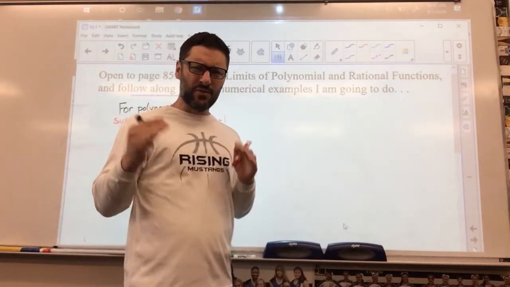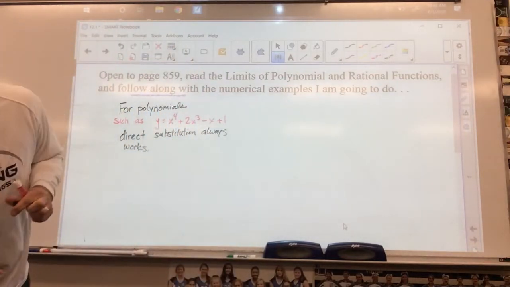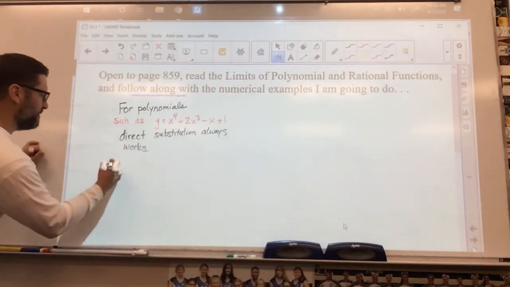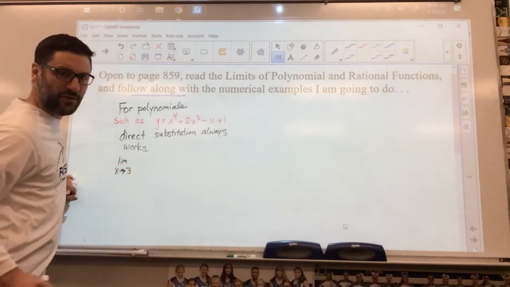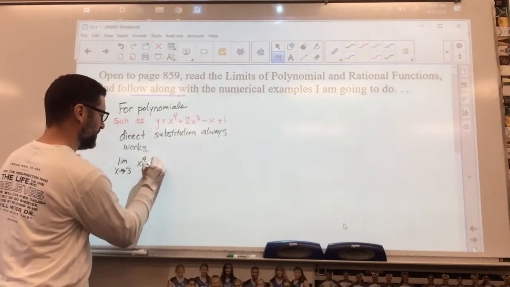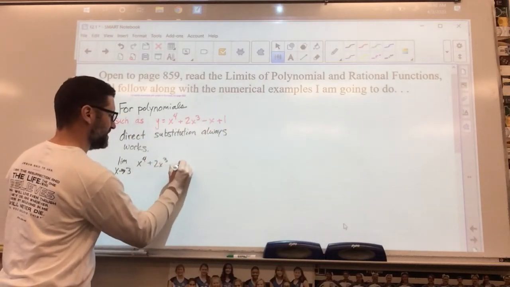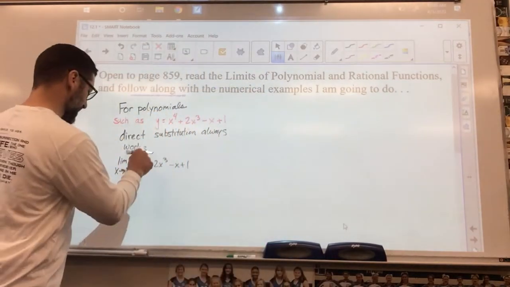But direct substitution is a really good way. So we want to be able to take a number and plug it in. For instance, if I was going to find the limit as x goes to 3 of this polynomial function, x to the 4th plus 2x cubed minus x plus 1, we can just shove the number directly in.